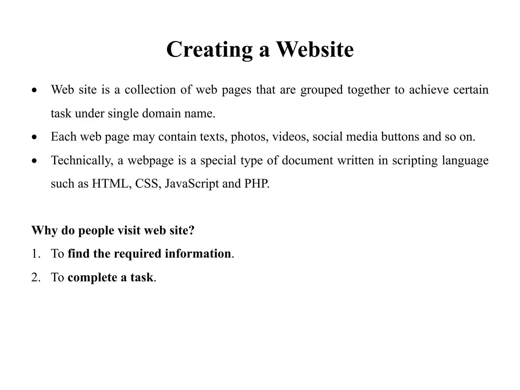Next topic is creating a website. What is a website? A website is a collection of web pages that are grouped together and contain a certain task under a single domain. Here each web page contains text, photo, video, social media buttons, etc. A web page is a special type of document that is written in a scripting language such as HTML, CSS, JavaScript, and PHP.